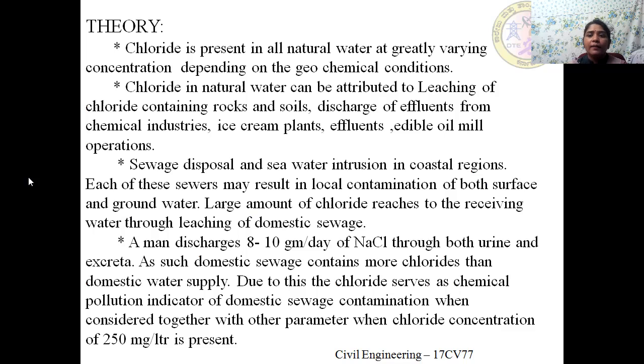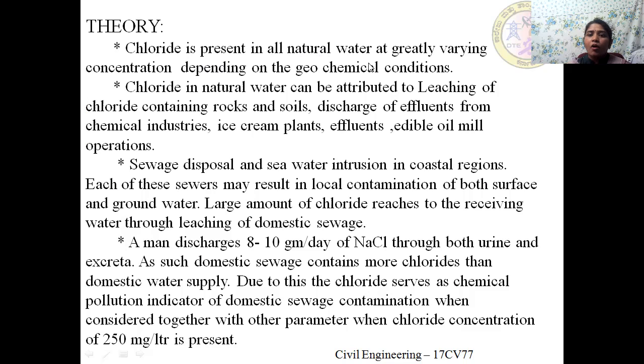Coming to the theory, how is chloride present in any given water sample? What are the reasons? The chloride content can be added to water either naturally or artificially, that is due to anthropogenic activities or human activities.